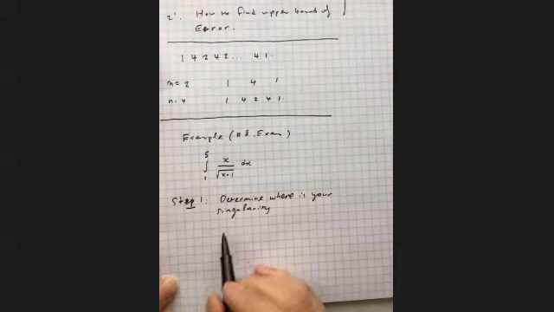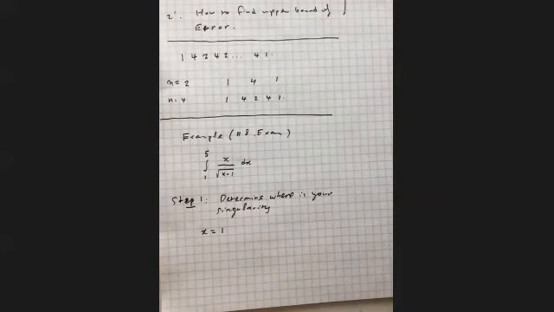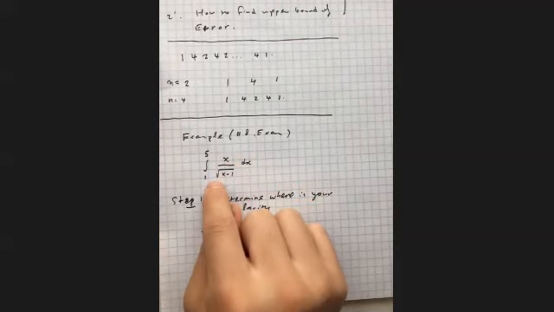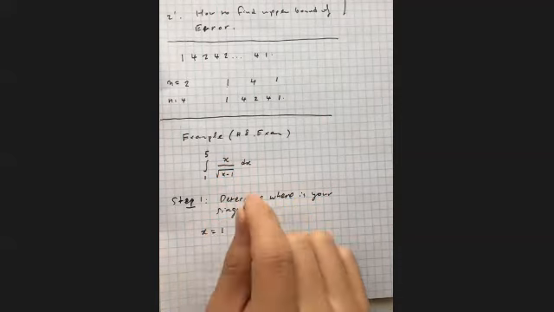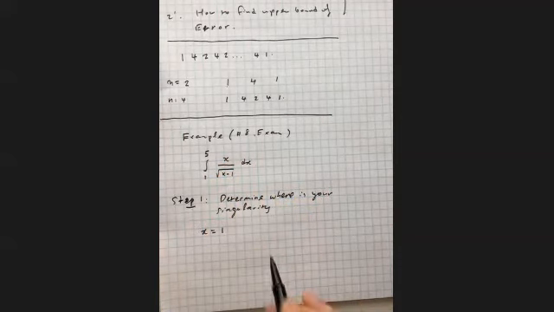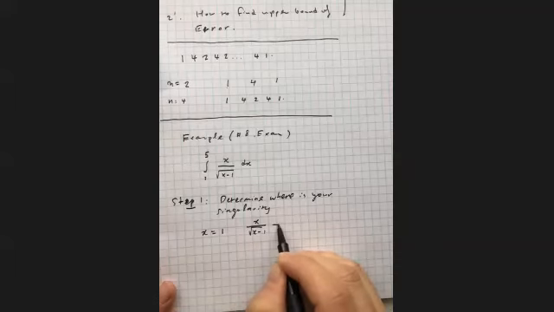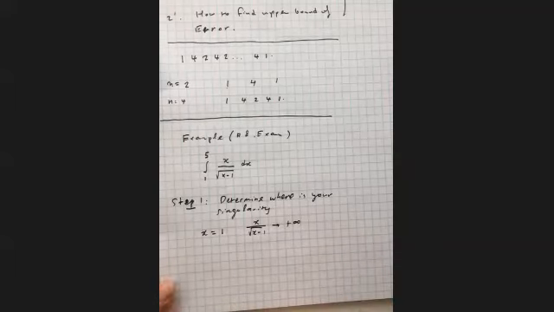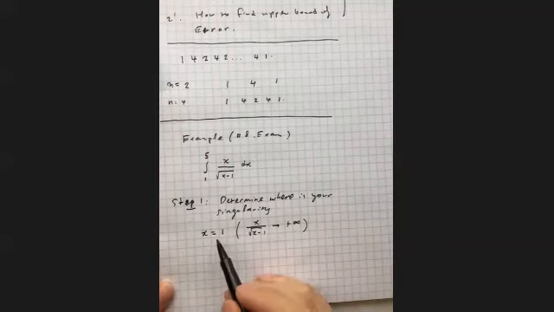So x equals 1 is the point where this function doesn't make sense, because at x equals 1, the function x over root x minus 1 goes to positive infinity, right? This is your singularity.